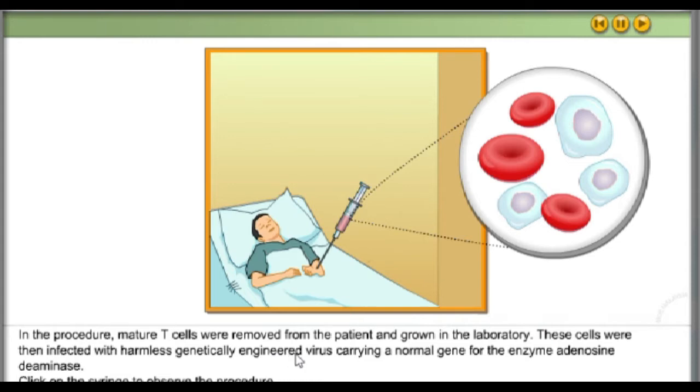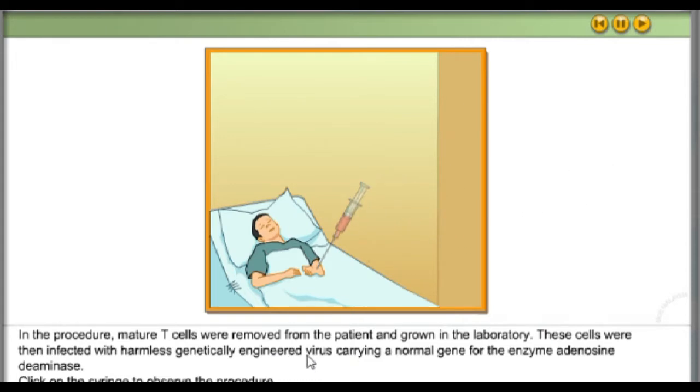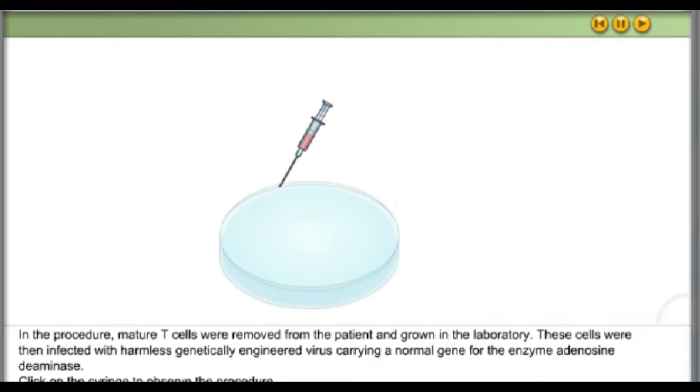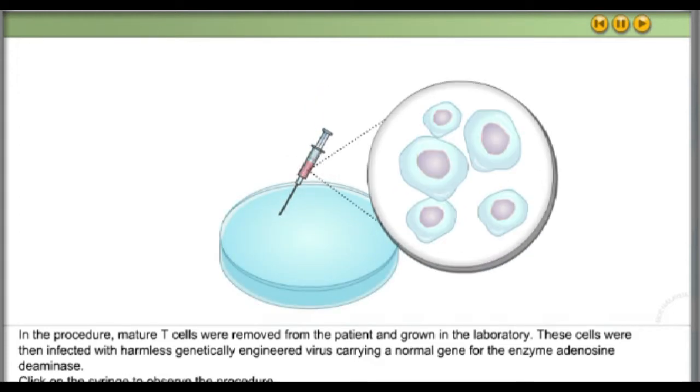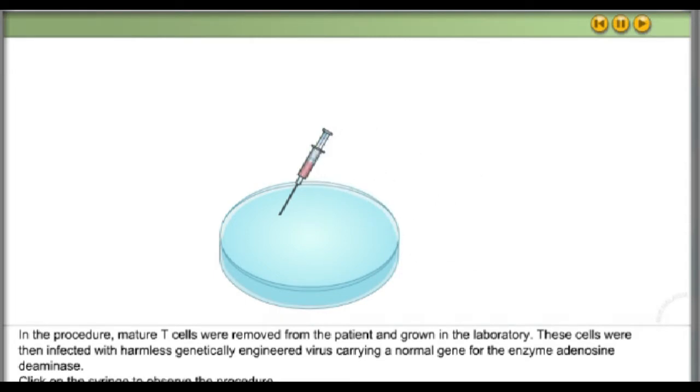So we take the cells that have the defective gene, and the engineered virus will carry a normal gene for the enzyme adenosine deaminase.